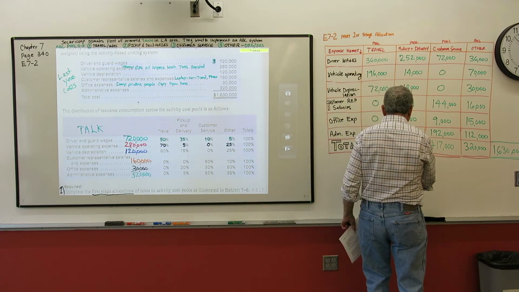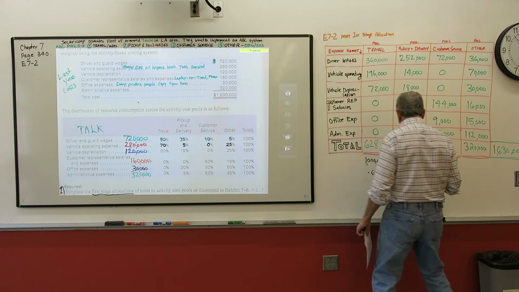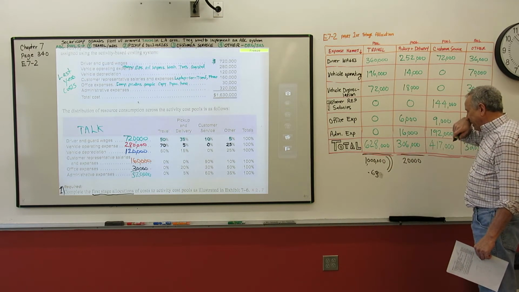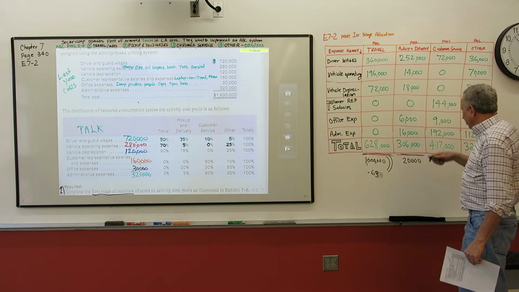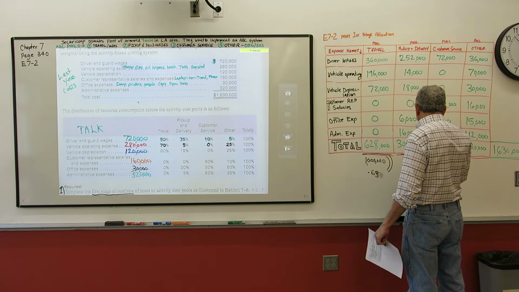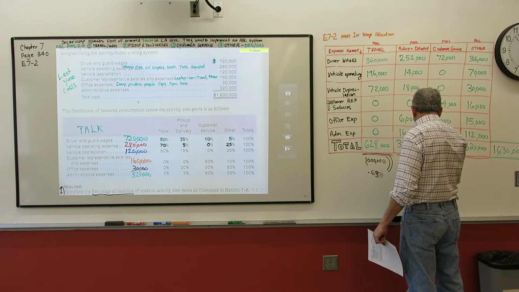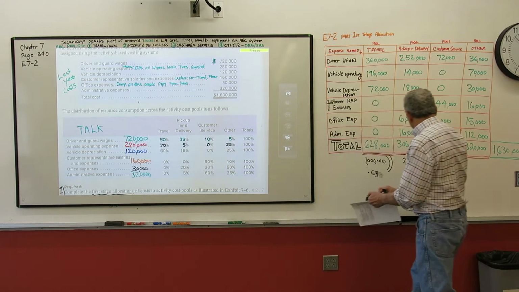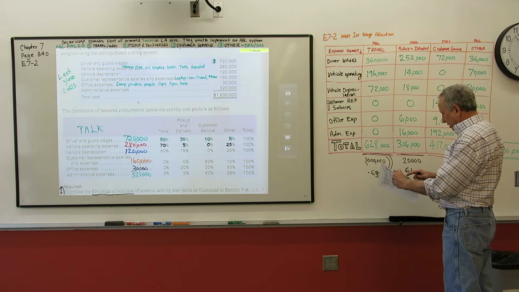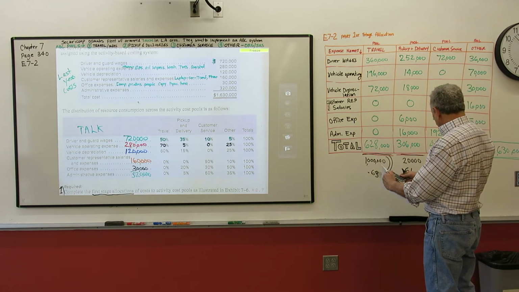Let's say last year you did 20,000 pickups and deliveries. If you divide this by 20,000 pickups and deliveries, I think it's going to be $60. Let's just see though. 306. How did that come out so different?